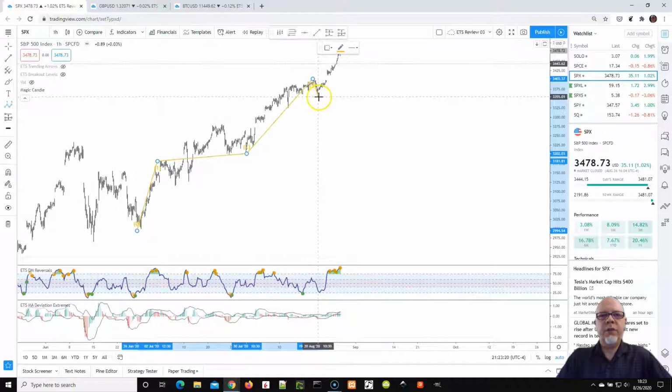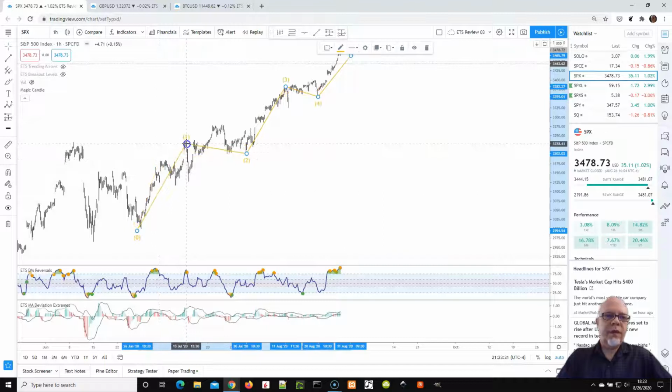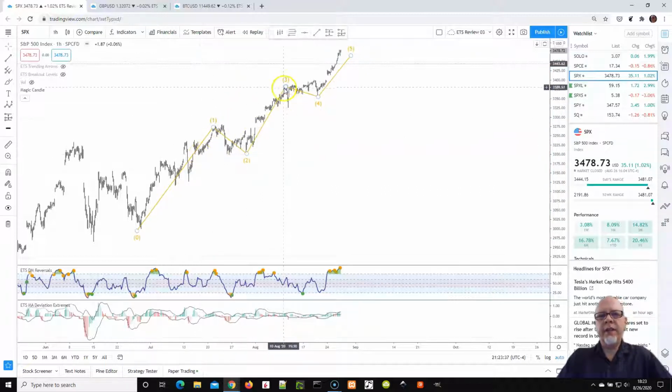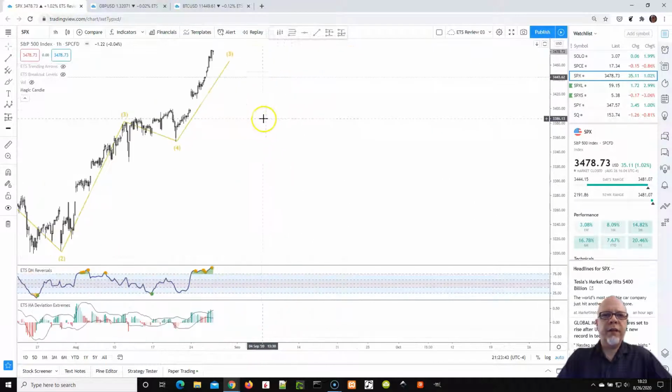That'd be very short for 5. So let's rather do it like this. Something like that. Or are we looking at something like this? Either way, the structure is not perfect because we have a huge correction over there.